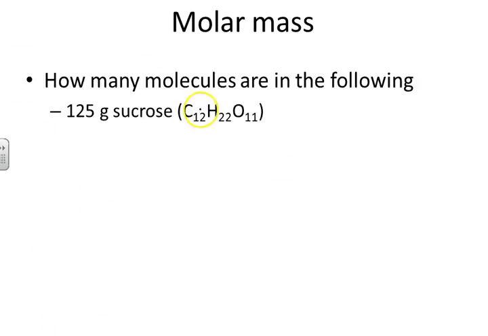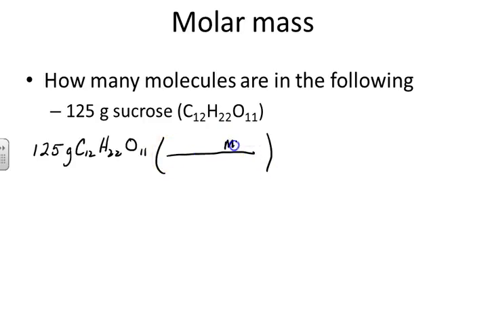Okay, our next problem, we're looking for a number of molecules. So we have 125 grams of sucrose, and we've got the formula for sucrose here. So we start with our 125 grams, C12H22O11, and we want to know the number of molecules. And we can connect that with molecules over grams. That would cancel grams here and here and give us molecules.